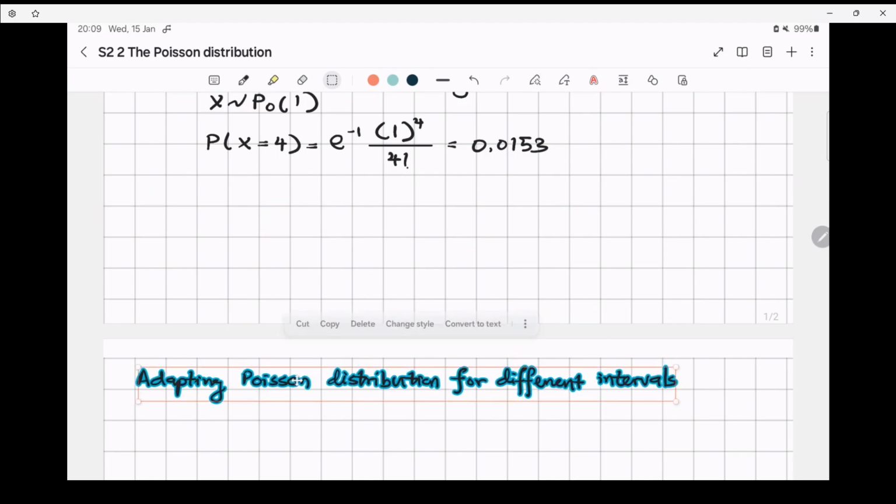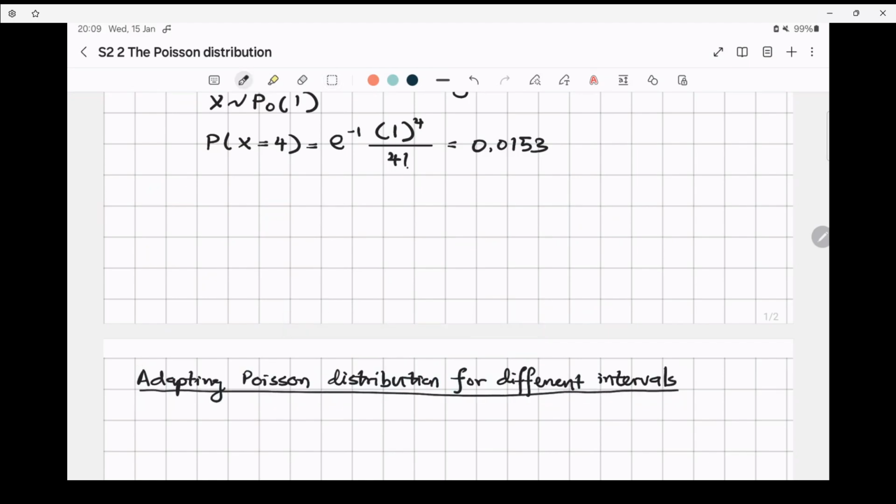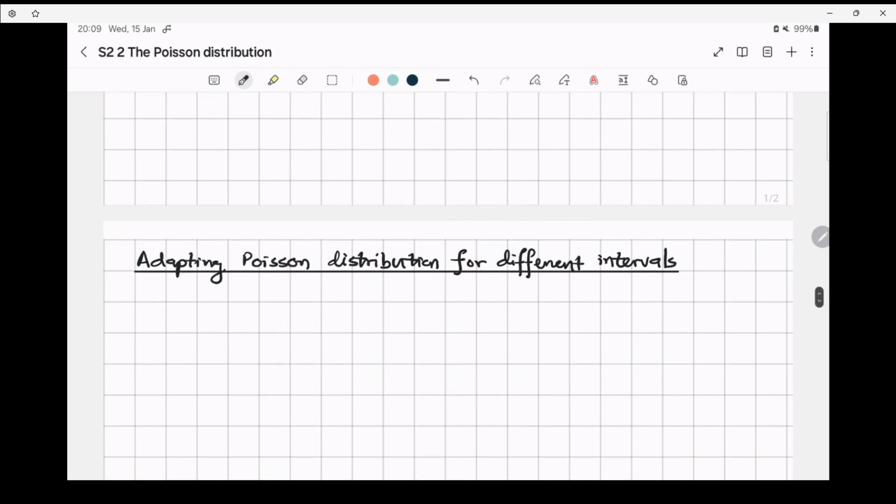So let's look at how this can be done. It's actually pretty simple. What you need to do is to use the idea of ratio to calculate the lambda for different intervals. That's all you need to do.